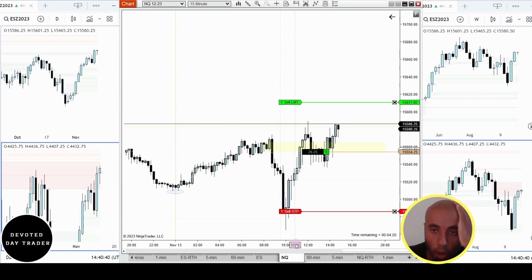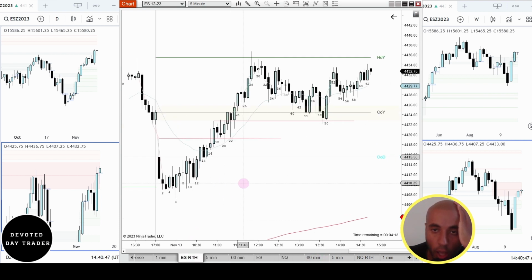And the reason why I added to my position was because on ES, I noticed that we have the gap that remained open between the high of 1 and the low of 20. There was not a close below the high of 1, and then we have another gap right here above. There is no close when the market pulled back.